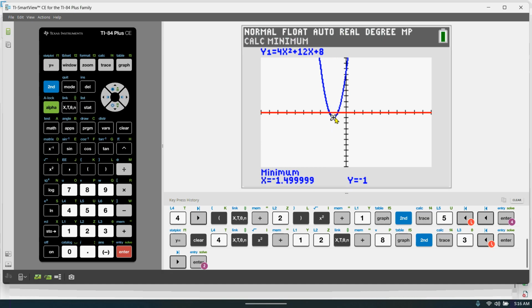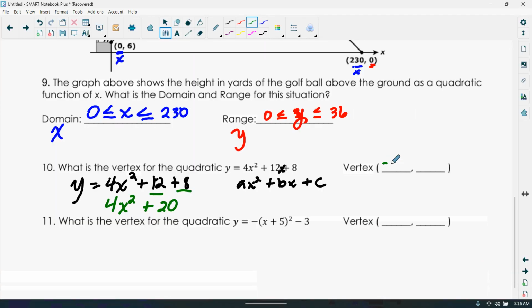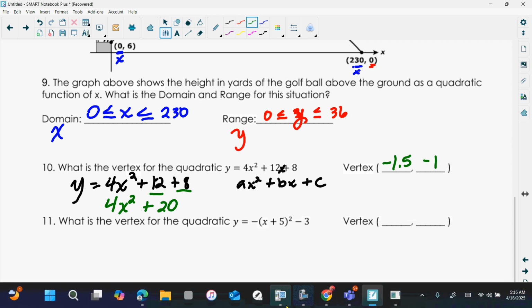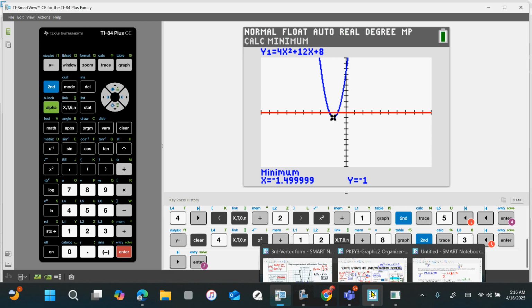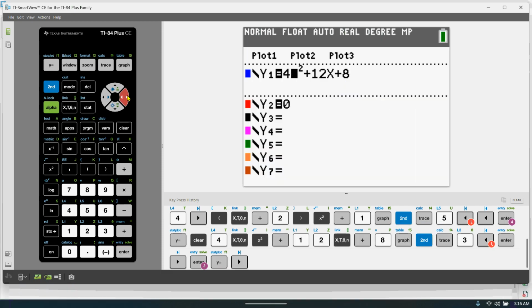And then I can see that this is actually going to be negative 1.5 and negative 1. Yeah, I believe that was right.